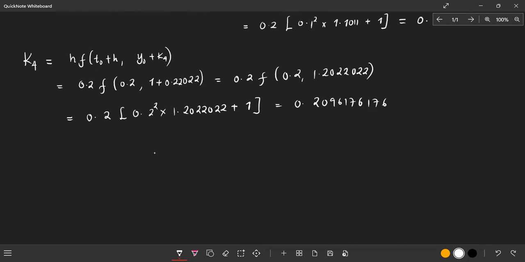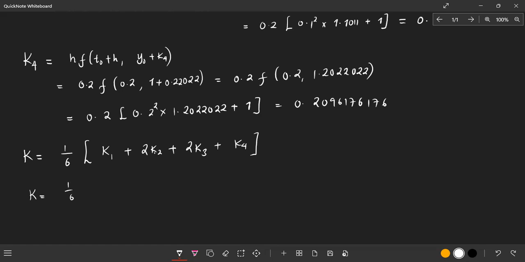Okay, and then next is find k. Since we found k1 to k4, we can now find k. So k is equal to 1 over 6 times (k1 plus 2k2 plus 2k3 plus k4). So let's substitute the values of k.